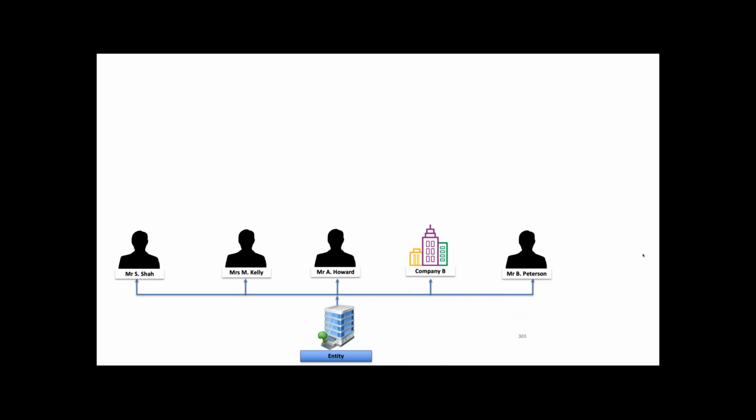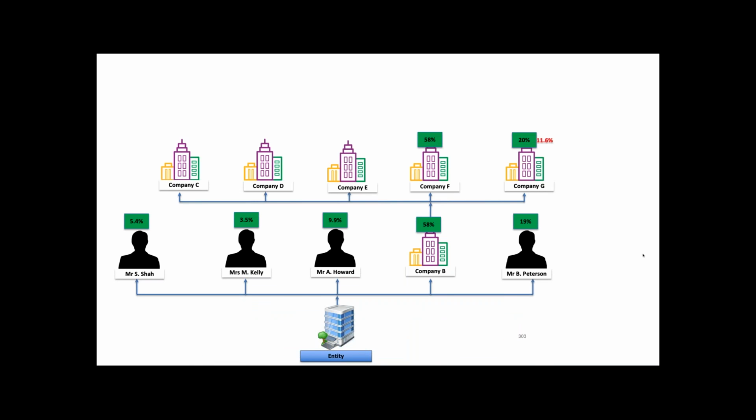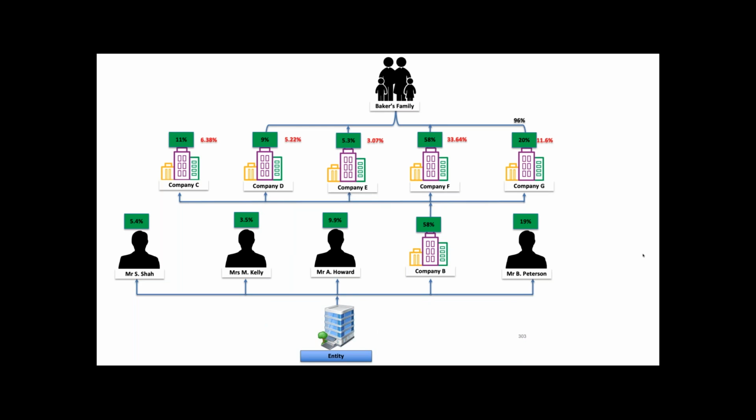So, for example, I'm not going to explain in detail because we'll cover it in a minute. We have an entity such as this, at the top of which is Baker's family, and Baker's family indirectly owns the entity 49.22%. Yes, we know the family owns 49.2%, but we can't verify the family.